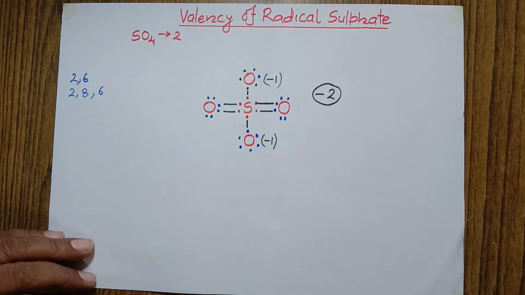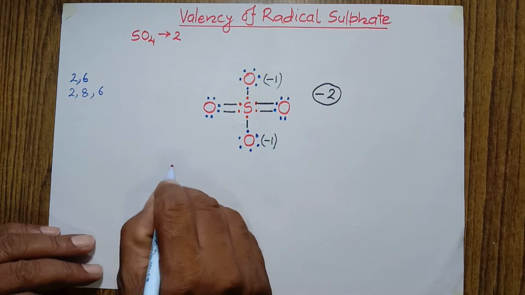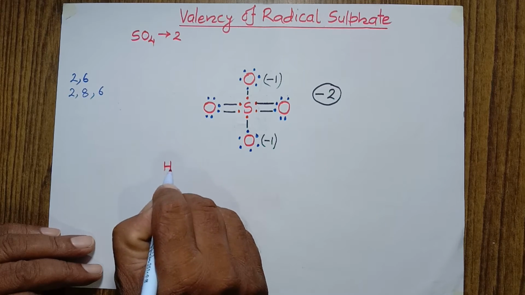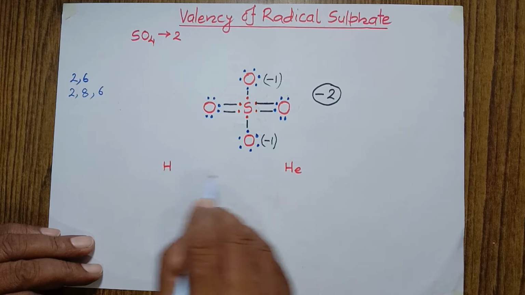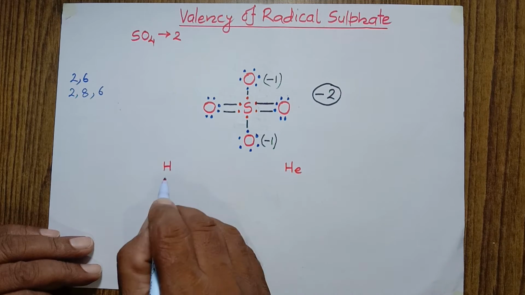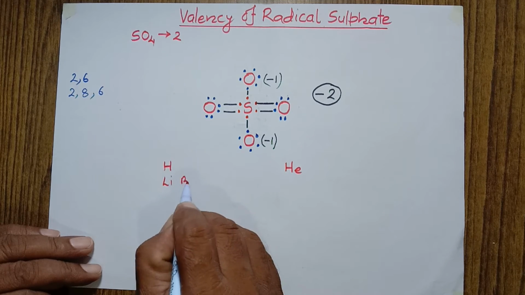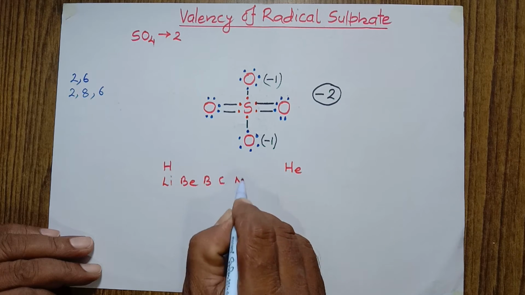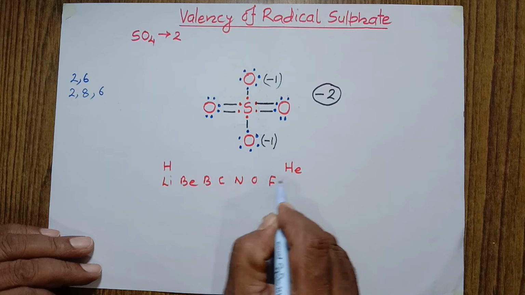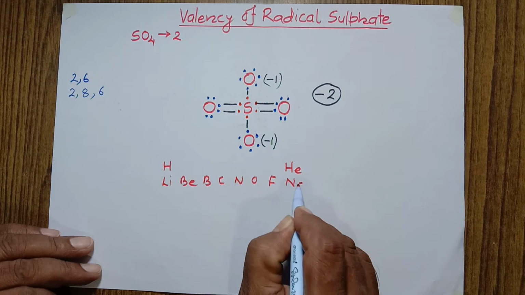If you remember, in the periodic table, the first period has two elements, hydrogen and helium. After helium, lithium, beryllium, boron, carbon, nitrogen, oxygen, fluorine, and neon come under this.